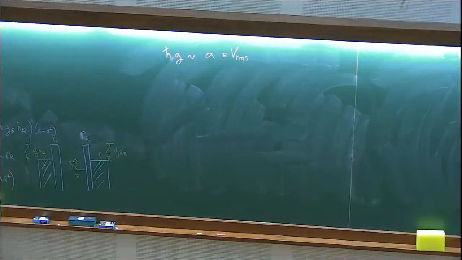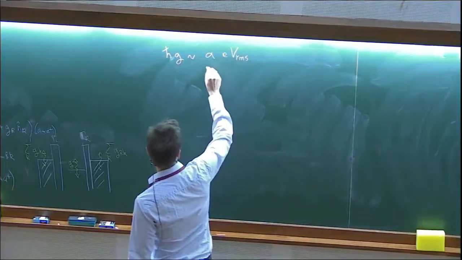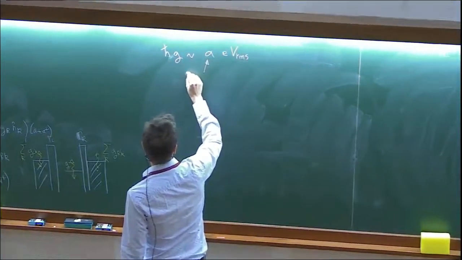There are the vacuum fluctuations of the electromagnetic field, and so this is the capacitive ratio.